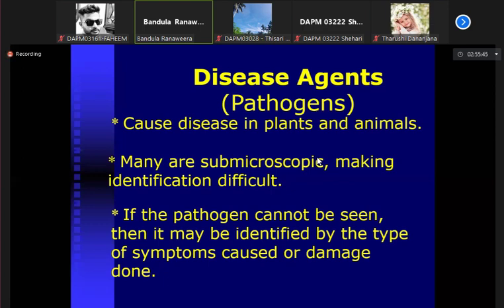So we have demonstrated the symptoms of fungal diseases, bacterial diseases, then viral diseases. Through the microscope, sometimes viruses and phytoplasma are not possible to be observed. But the damage symptoms of all those disease-causing agents are possible to be used for identification.